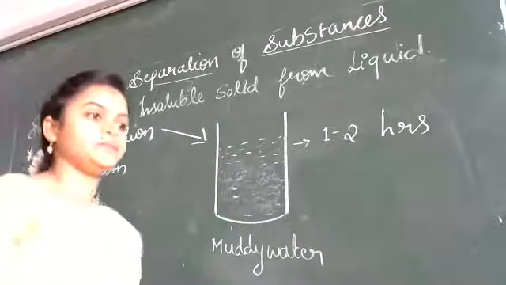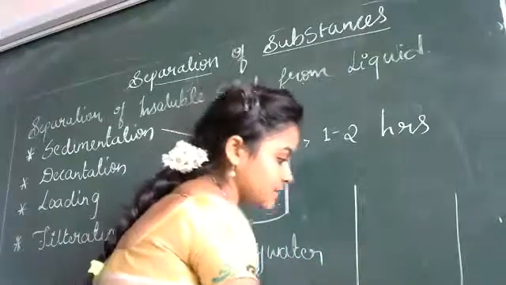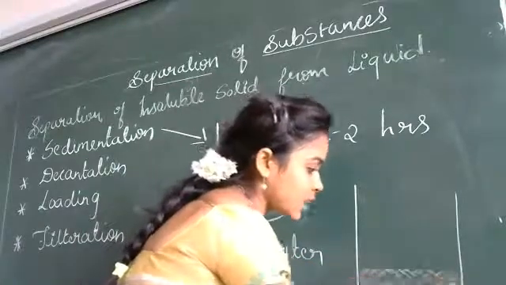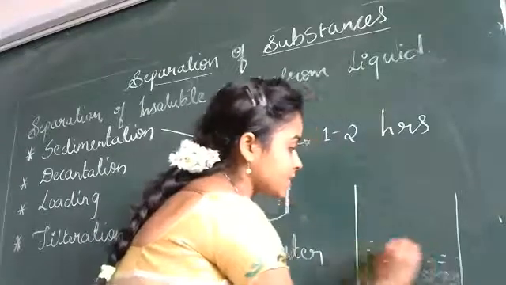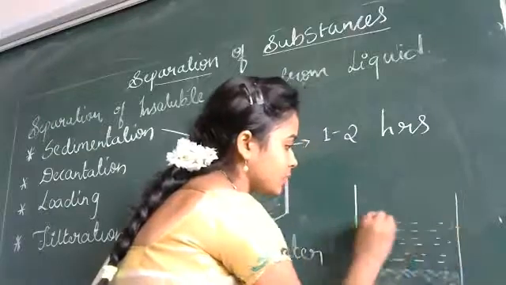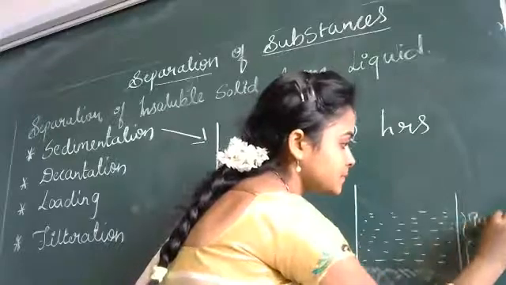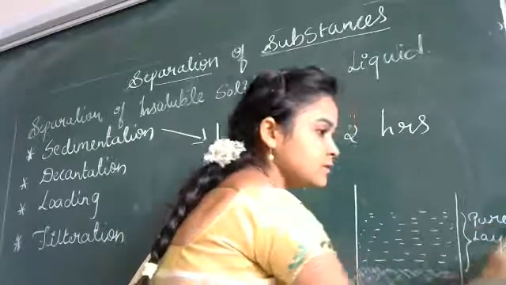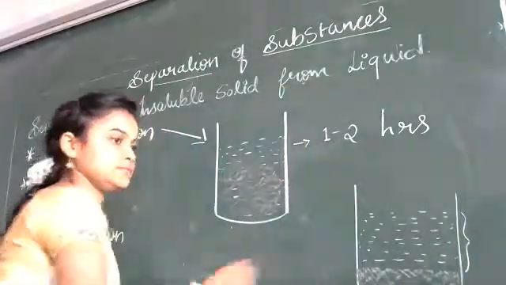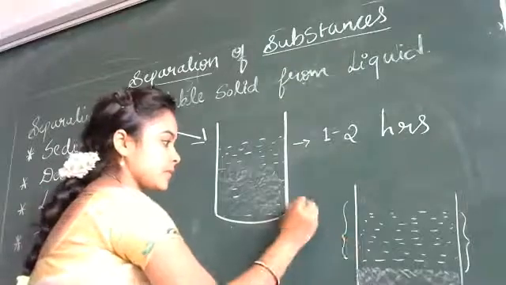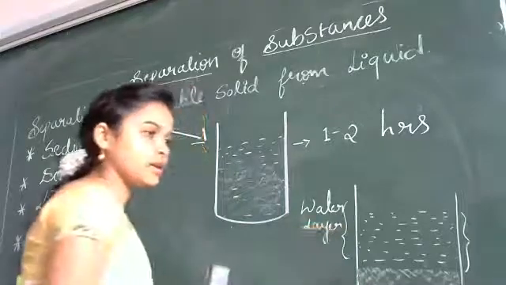Then what happens? Later, after 1 to 2 hours, you observe that the soil which is mixed with the water will completely settle down at the bottom of the water. So we get the pure water layer at the top of the beaker.